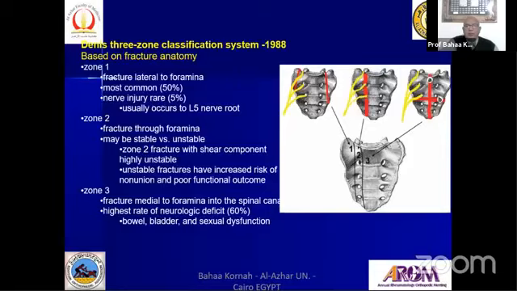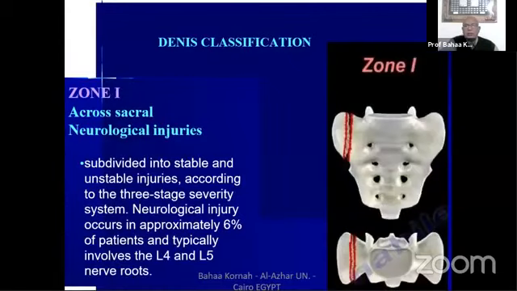So we will go through this. This is zone 1 across the sacrum, subdivided into stable and unstable injury according to a three-stage severity system. Neurological injury occurs in approximately 6%, as we mentioned before, of the patients, typically involving the L4 and L5 nerve roots.